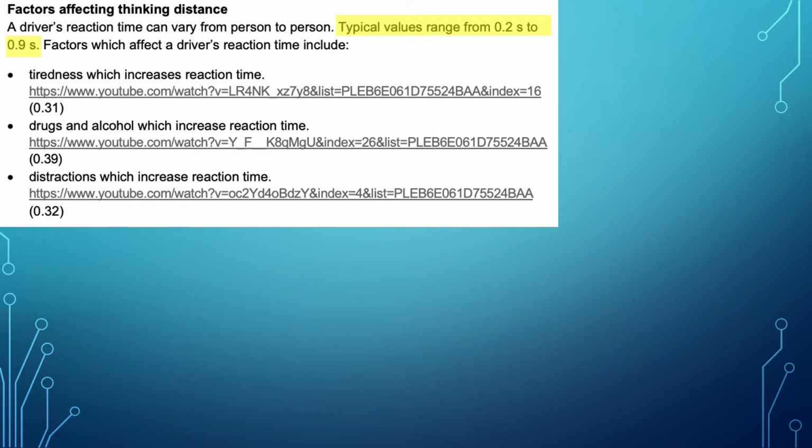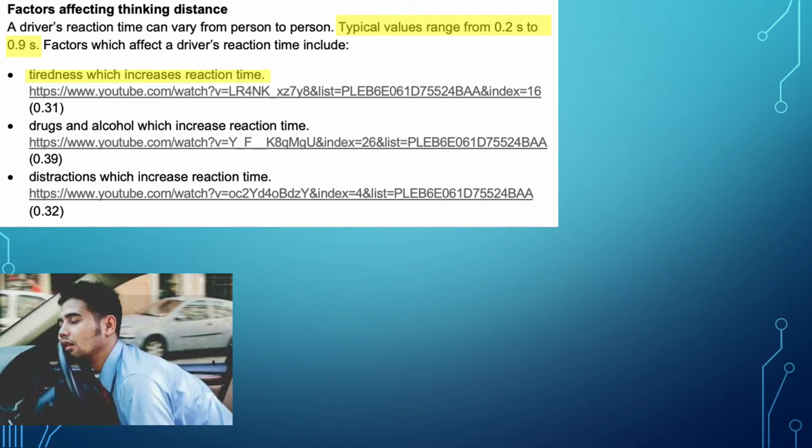So, looking at the first factor, it is tiredness. Okay, so obviously, if you're very, very tired, you haven't had much sleep, then your mental state is very, very unstable.